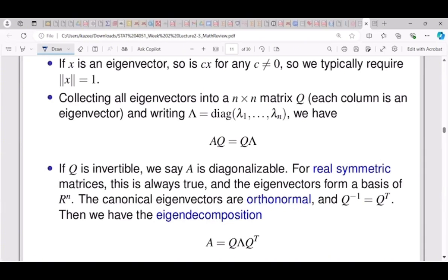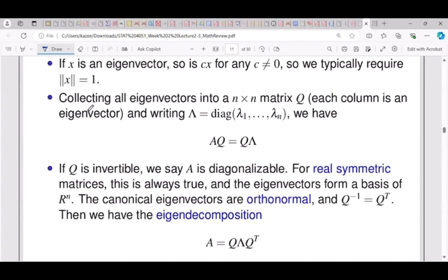Now, this is actually explaining the way of getting the eigenvector. And that is only possible if your Q here is invertible. We have a lot of conditions associated with invertibility. Invertible means the inverse exists.